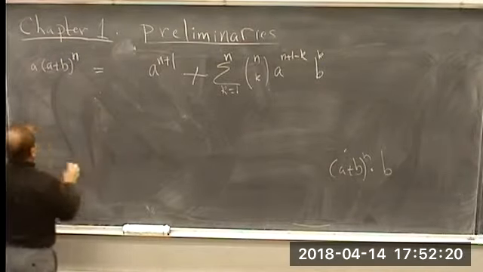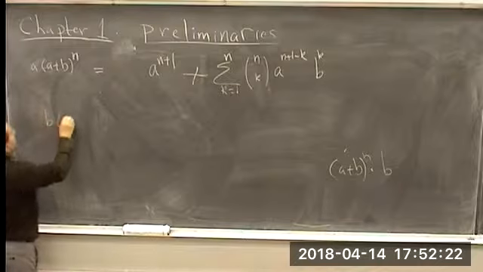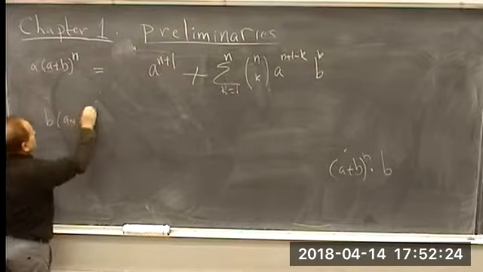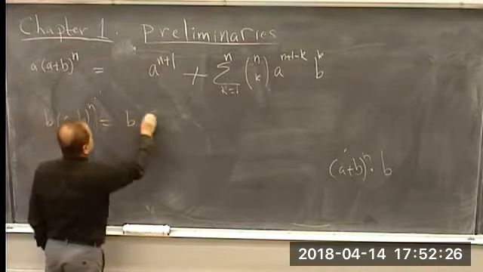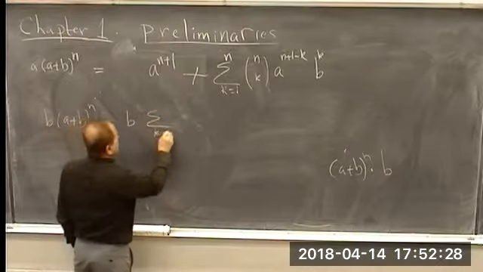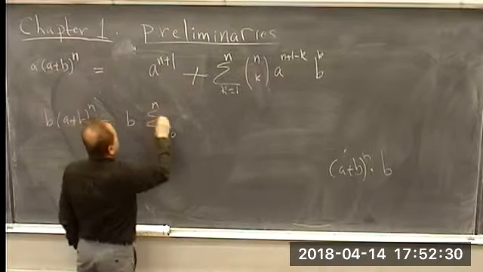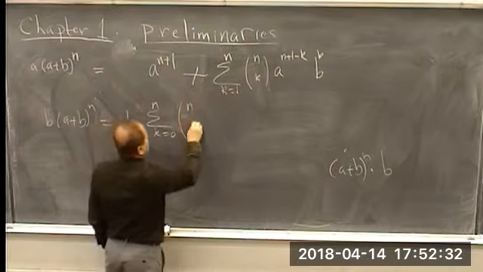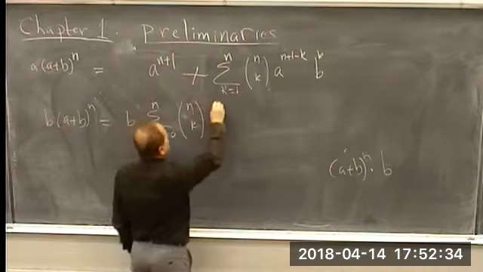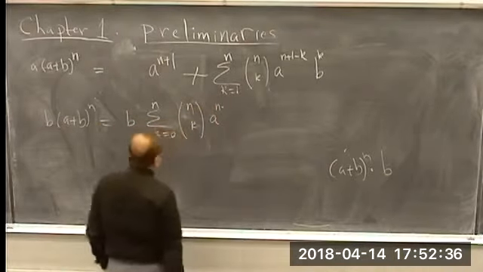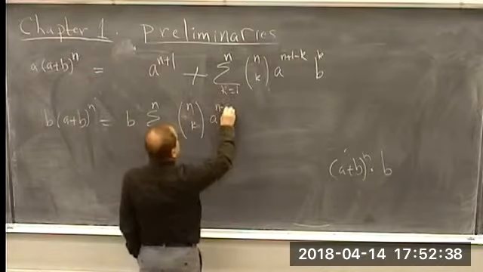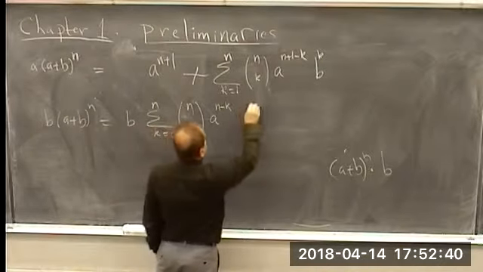Then we have b times a plus b to the n. So this is going to be b, and this is the sum k equals 0 to n, n choose k, a to the n minus k, then b to the k.